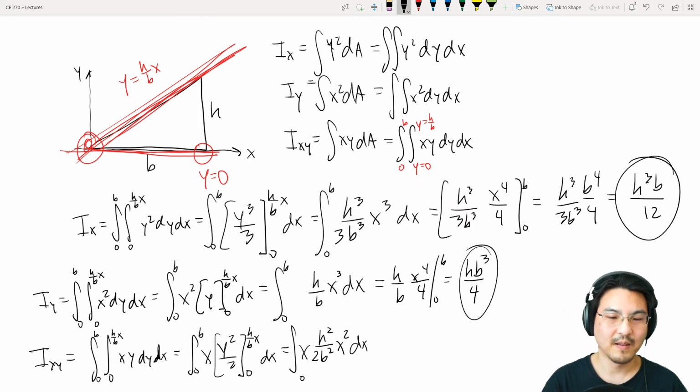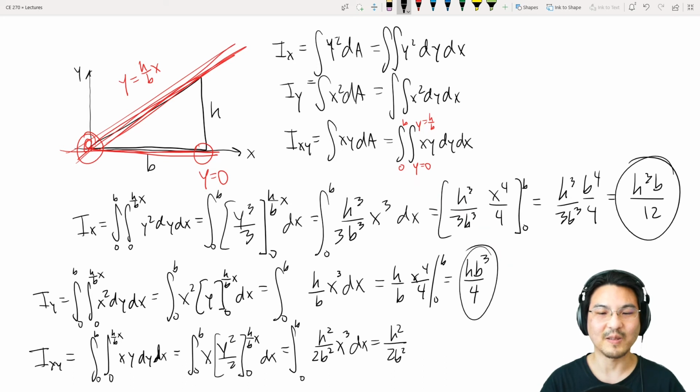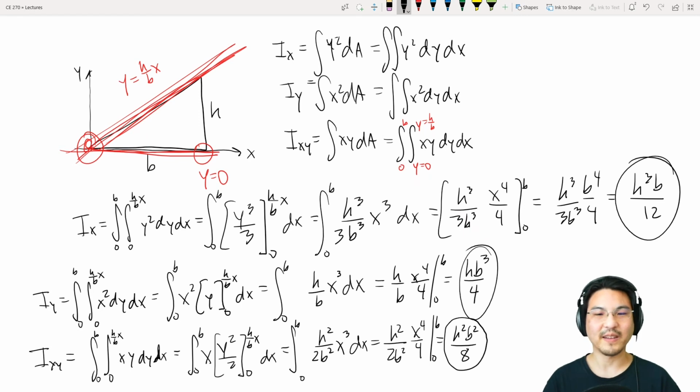And we have x and x squared, so I'm just going to write x cubed. Now let's evaluate this integral. Let me write this constant over here. So x cubed dx is x to the 4th over 4 from 0 to b. So we got h squared b to the 4th over b squared, so that's b squared over 2 times 4, 8. So there we go. We got Ix, Iy, and the product of inertia Ixy.